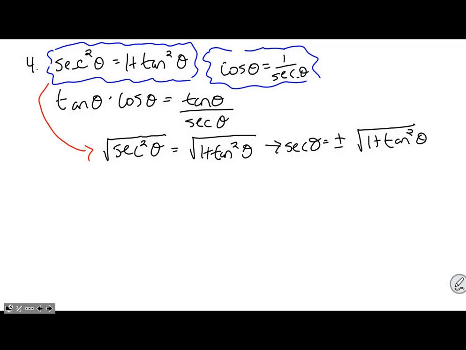This is where the quadrant and defining the bounds of our domain and range in part 1 helps us out. Since our theta is between negative pi halves and pi halves, we are in quadrant 1 and quadrant 4, just by looking at your unit circle.